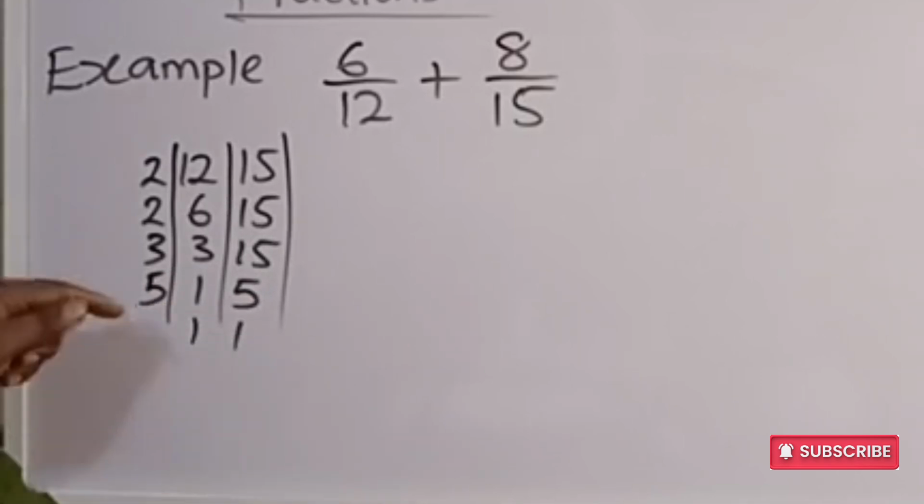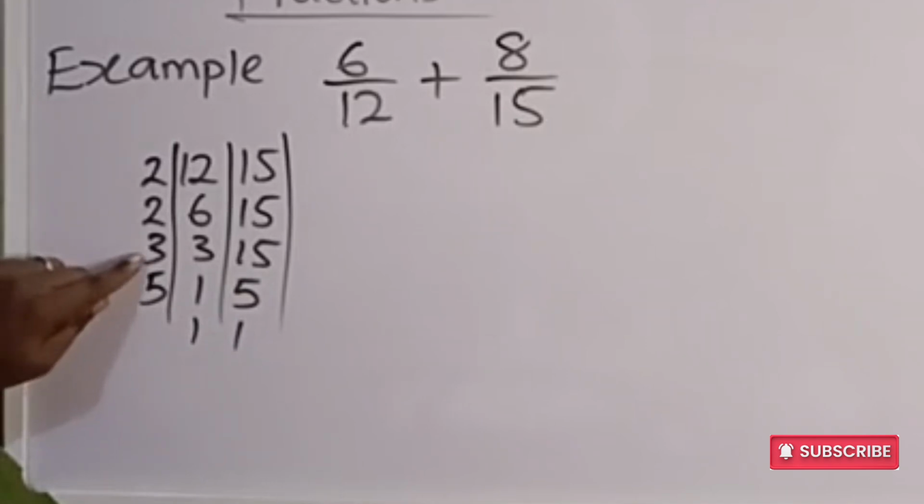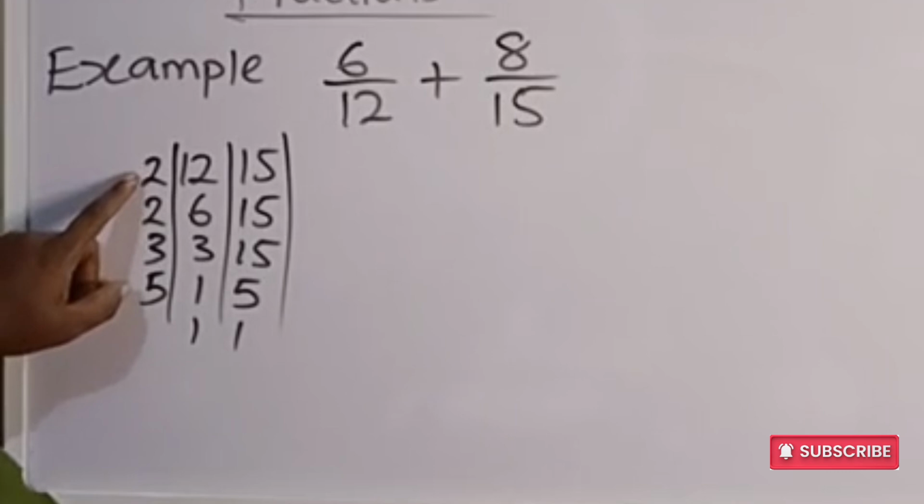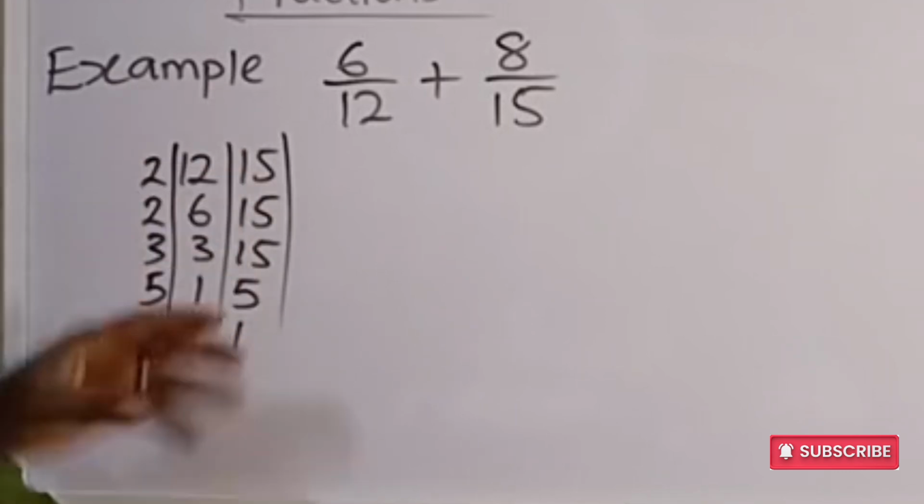So if we multiply all these values, 5 multiplied by 3 gives us 15. 15 multiplied by 2 gives us 30. 30 multiplied by 2 gives us 60. So the common denominator by this process is 60.